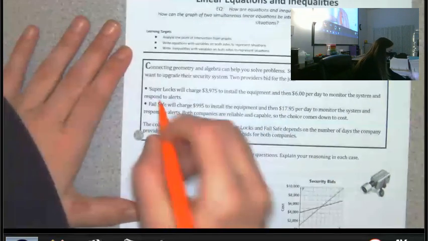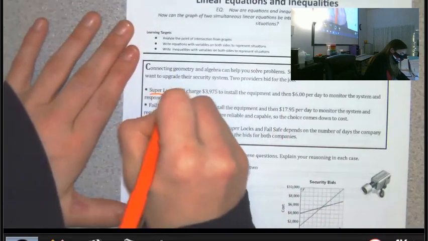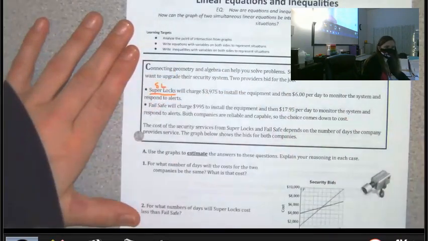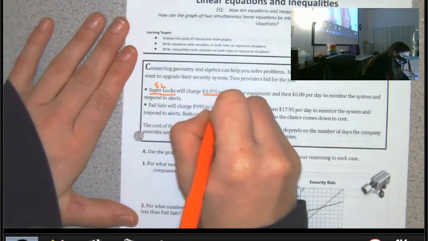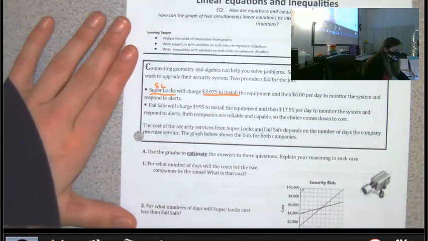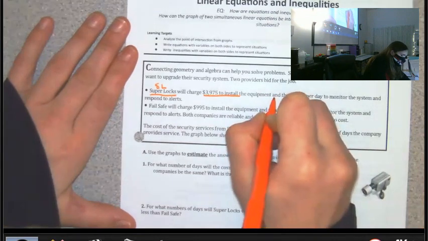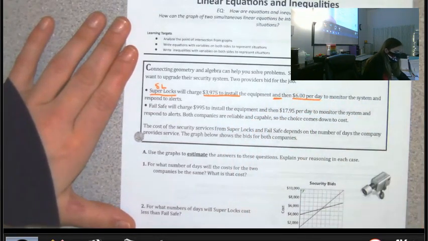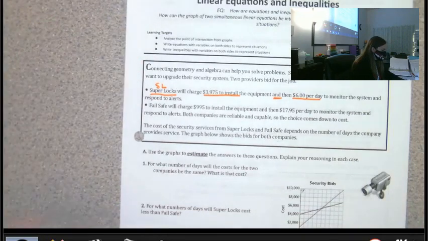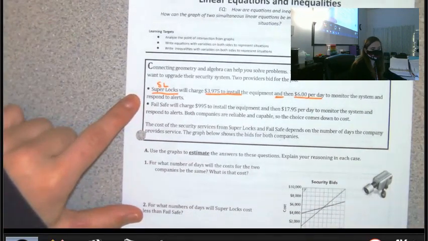Okay, Super Locks. We can say that's SL if we want to be short. Super Locks will charge $3,975 to install the equipment and a $6 per day fee to monitor the system and respond to alerts.